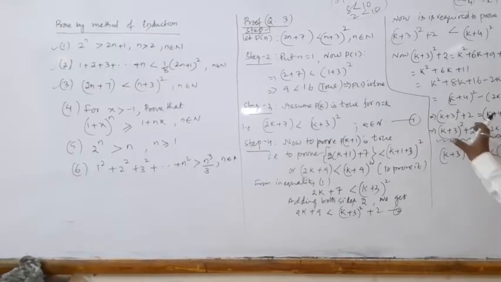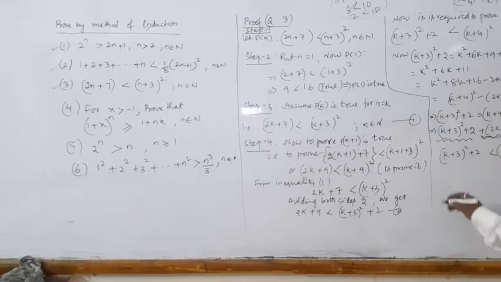Obviously the individual terms are less than (k plus 4) whole square. This is equation 3. Now from 2 and 3, here A less than B, the logic is what?